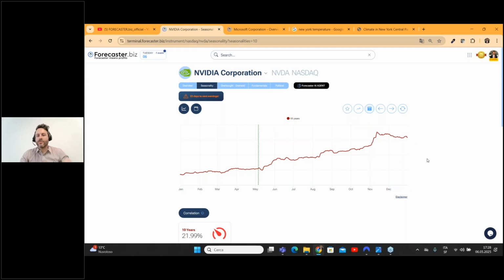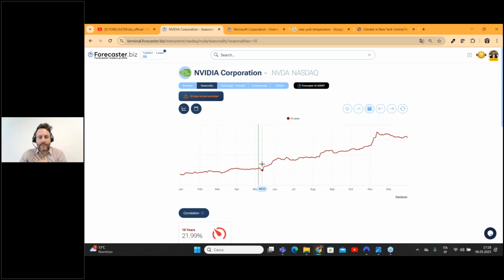So we take 2024, 2023, 2022, 2021, 2020, 2019, 18, 17, 16, and 15, the last 10 years. And we do the average of all these charts, and what we find is an average of the last 10 years. Very simple.